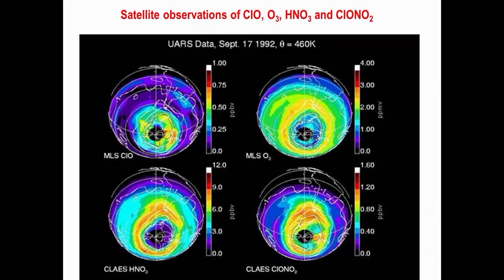Okay, so that's just more observations. Here's observations not just of the ozone hole, but of the ClO species, the ozone species, nitric acid, and the ClO, showing the correspondence between the different species playing a role in the chemistry and the ozone destruction itself.